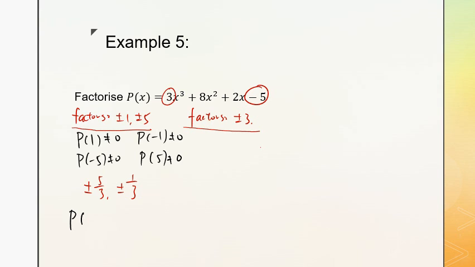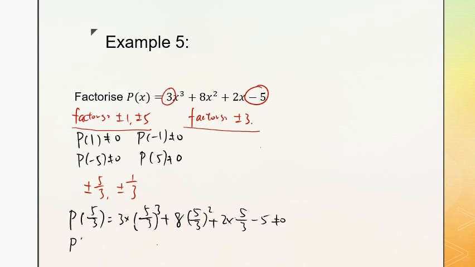Okay, so again you're going to try these values into your polynomial function. So let's try 5 on 3 first, and then you will have 3 times 5 on 3 cubed plus 8 times 5 on 3 squared plus 2 times 5 on 3 minus 5, and apparently this one is going to be a positive value other than 0.